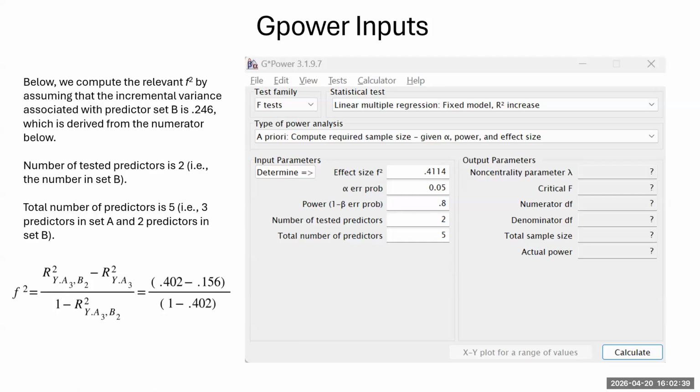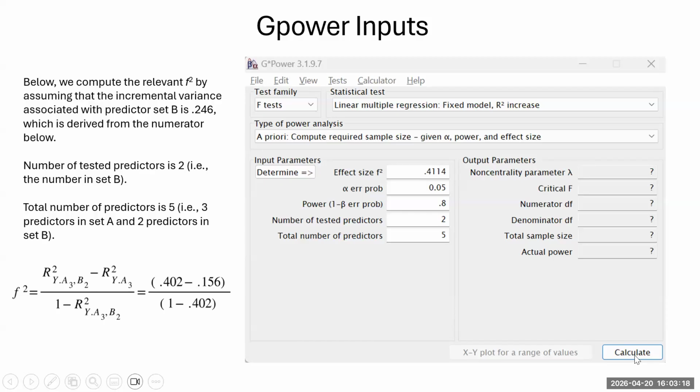In this case, we're conjecturing that the overall model will account for 40.2% of outcome variance. We're also conjecturing that predictor set A accounted for 15.6%. That would leave our R-squared change of 0.246 for predictor set B. And then our residual variability in the denominator would be 1 minus 0.402. Okay, so if we solve that equation, we could enter the f squared of 0.4114 on the input side.